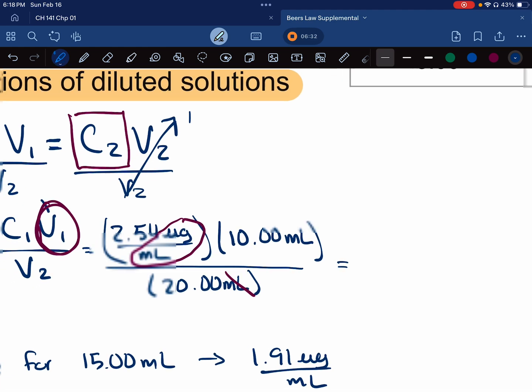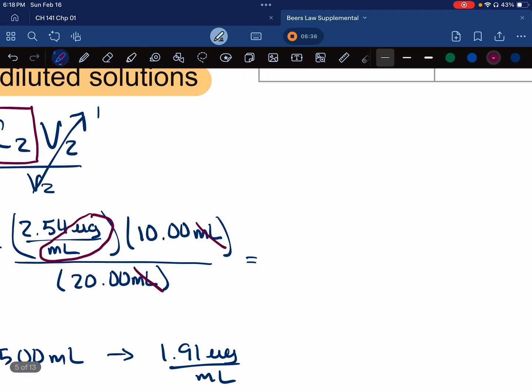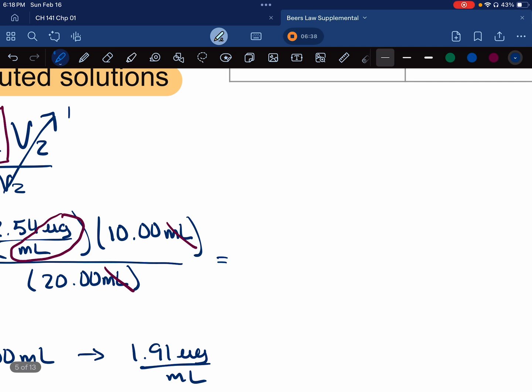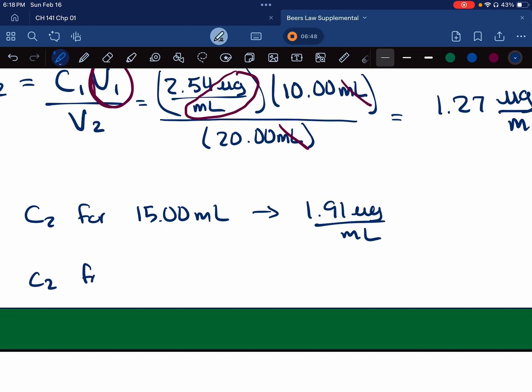And again, my milliliters over milliliters should reduce out. I'm left with units of micrograms per milliliter. And that would be 1.27 micrograms per milliliter. So my C2 for 10 milliliters is going to be 1.27 micrograms per milliliter.